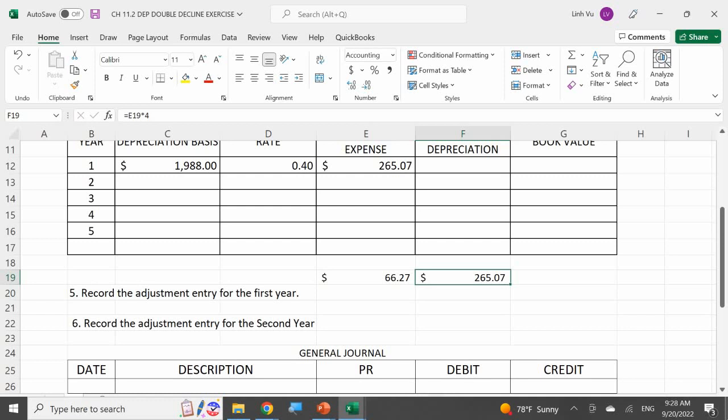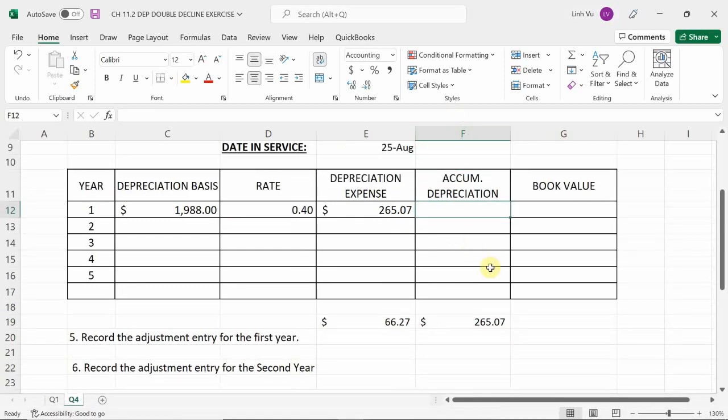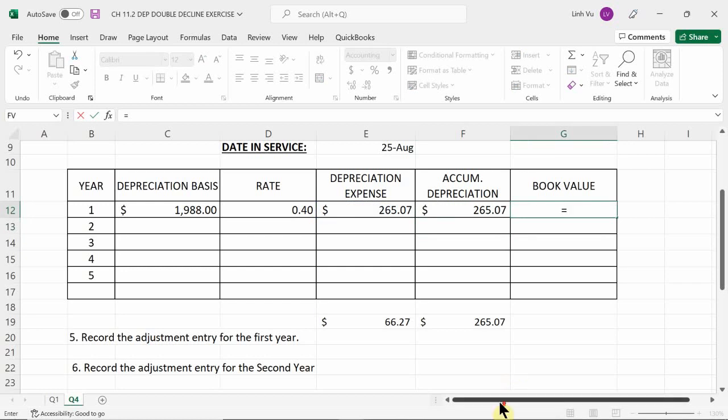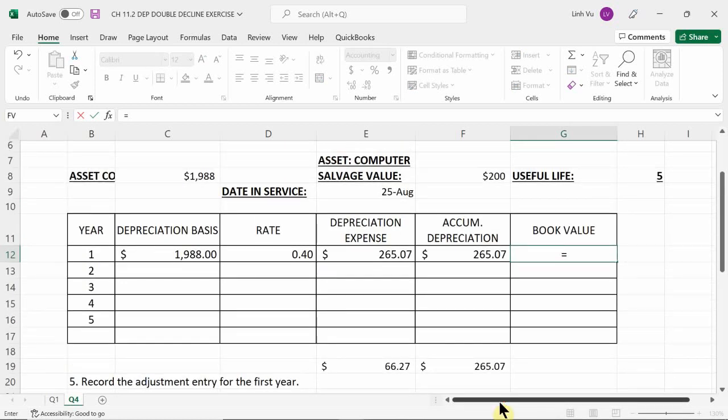Yes? Okay. So, if that's the case, then what's my accumulated depreciation for the first year? 265.07. So what is my book value going to be? $1,722.93.